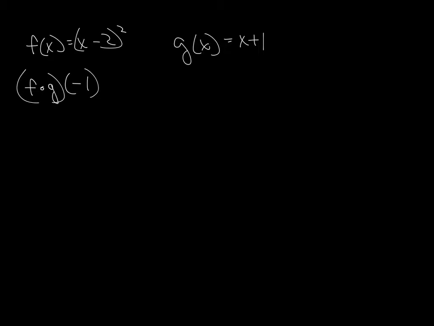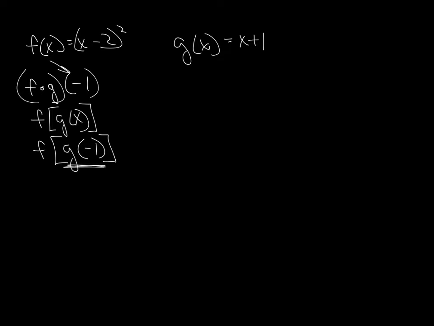First of all, we're going to write this as f of g of x, and since we've got a negative 1 there, it's going to be f of g of negative 1. So we're going to look at this, and that says whenever we have an x, we're going to put a negative 1 in its place.